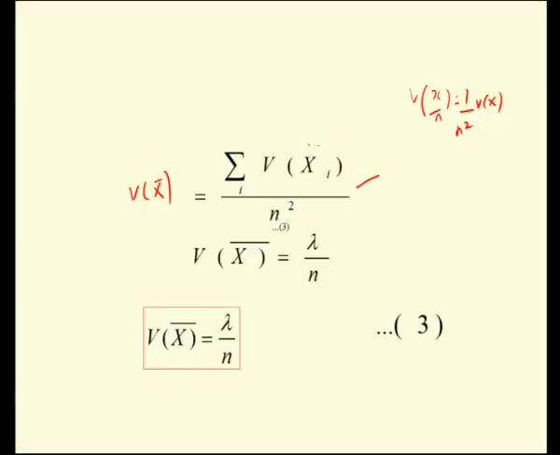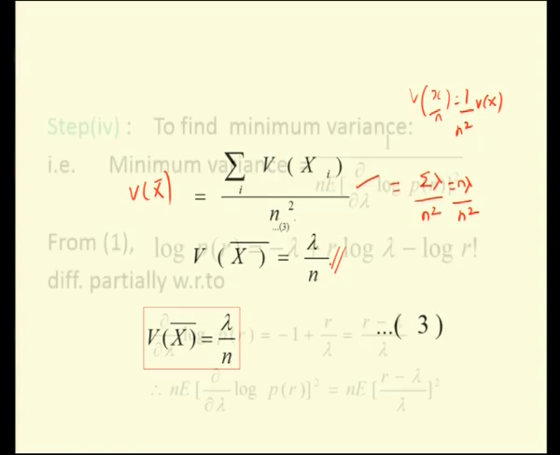Therefore, here you will have summation of lambda by n squared. So, for n observations you will have n lambda by n squared. Striking out, you will have lambda by n. Therefore, variance of x bar is equal to lambda by n.